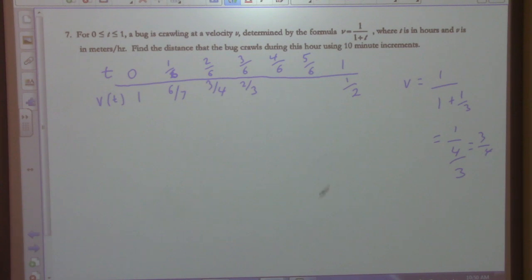That'd be 11/6, so that'd be 6/11. So 1 over 1 plus 2/3 is going to be 1 over 5/3, which equals 3/5. Yup. So this is 3/5 here.